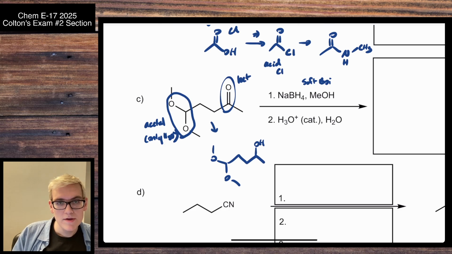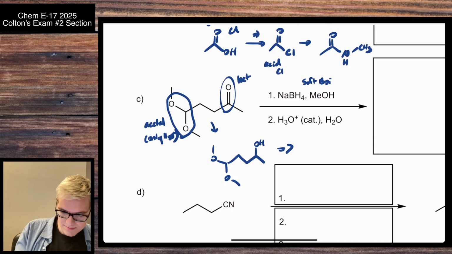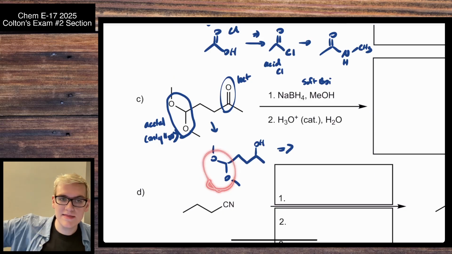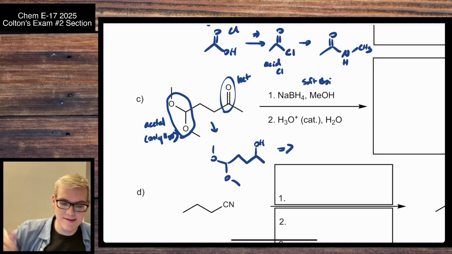Okay. Now we have H3O+ and H2O. So H3O+, we know that that is going to get rid of our acetal. But we need to remember our strategy for just drawing the product of an acetal hydrolysis.